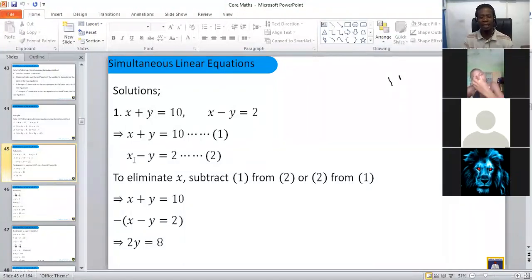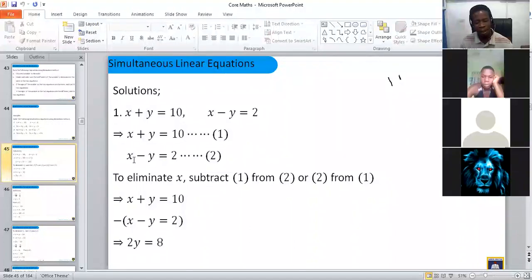That means the signs are the same. So if the signs are the same, we subtract the two equations, considering the variable that we want to eliminate. So we are considering the x. Now our attention is on x. Whether we are subtracting equation 1 and 2 or we are adding. Now since the signs are the same, we subtract equation 2 from equation 1.